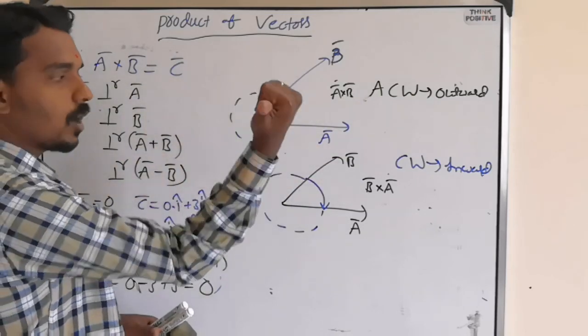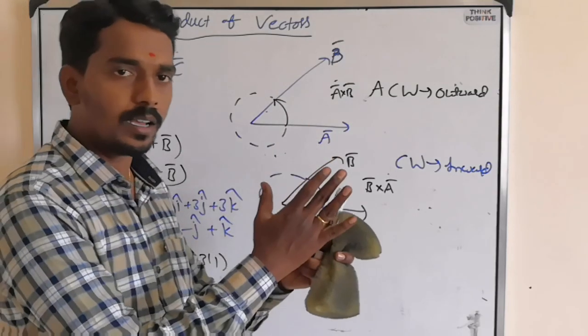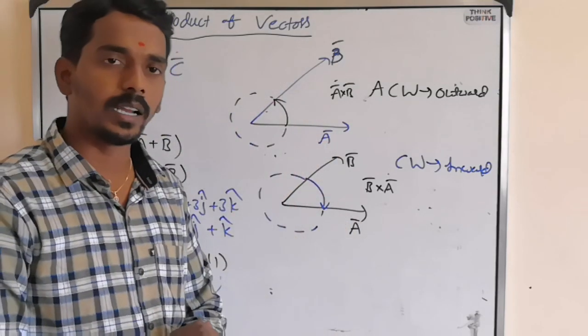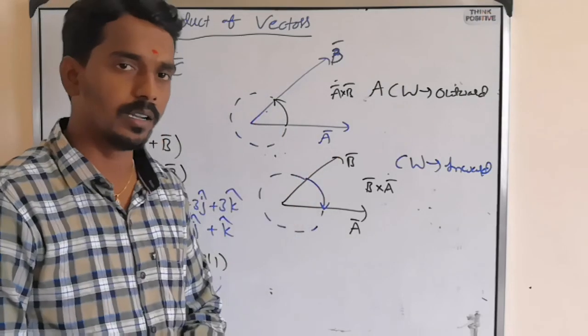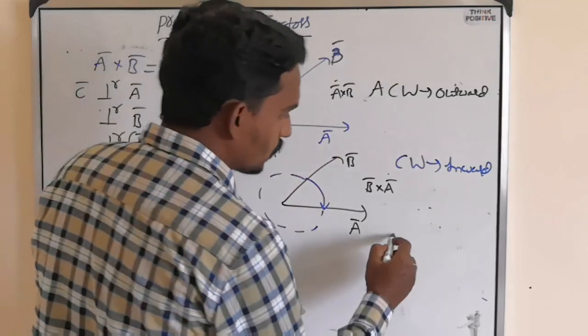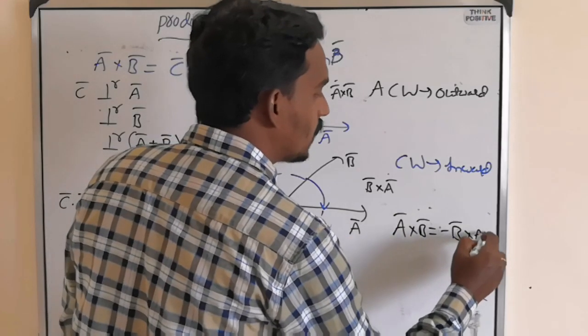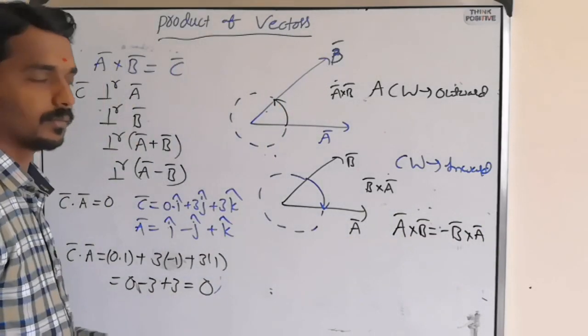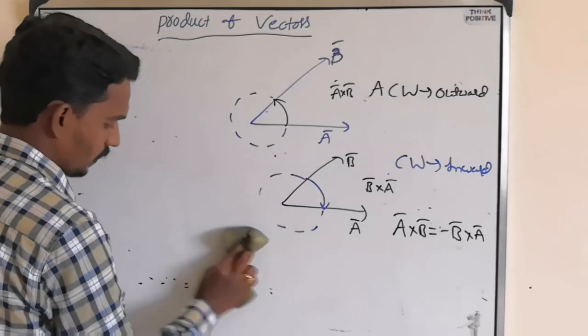So anti-clockwise is outward, clockwise is inward. Using the right hand you can find the direction of a bar cross b bar or b bar cross a bar. But a bar cross b bar is always minus b bar cross a bar. Magnitude is the same but direction is opposite.